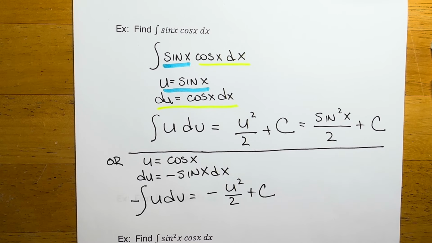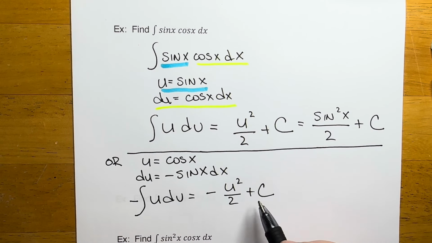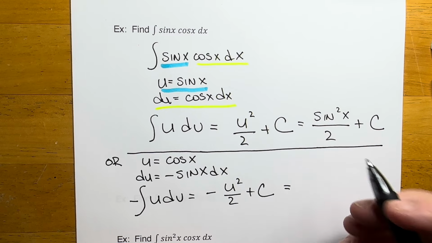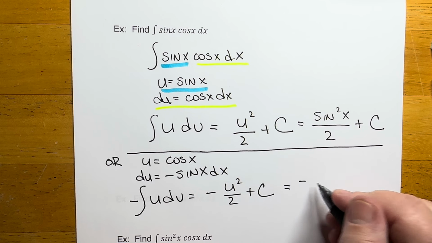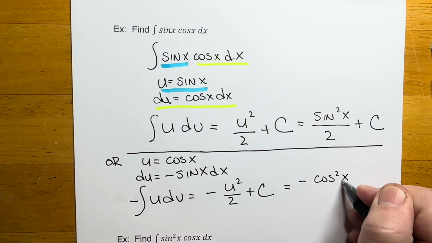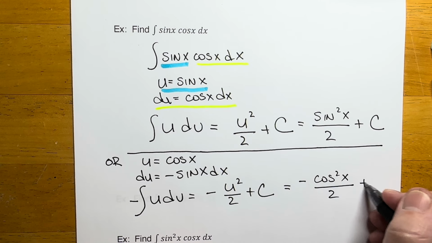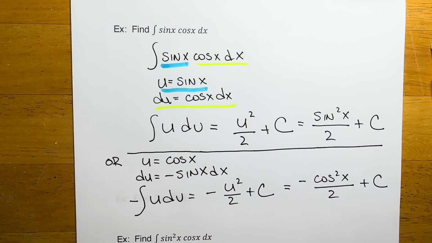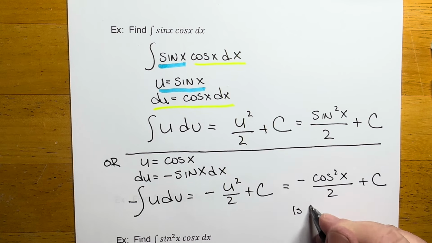Already I can see a lot of folks going, oh, I don't know about this. And then if I go ahead and replug in, this is the opposite of cosine squared over 2 plus c. And the next question is, is this the same answer?